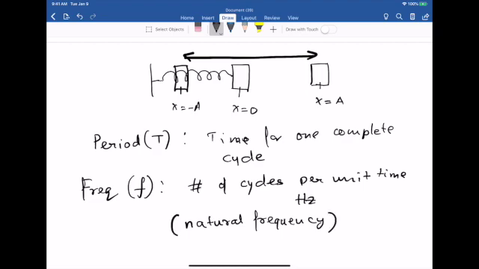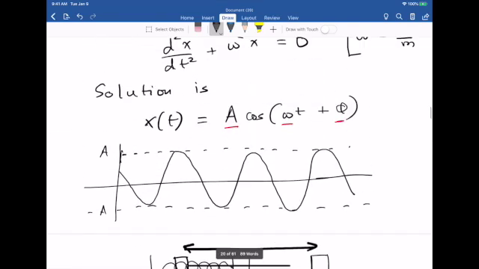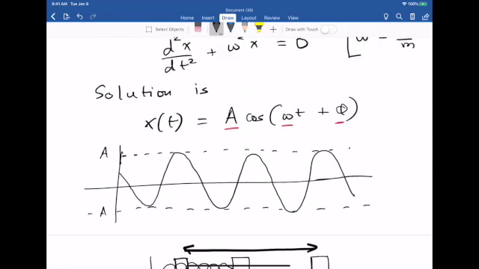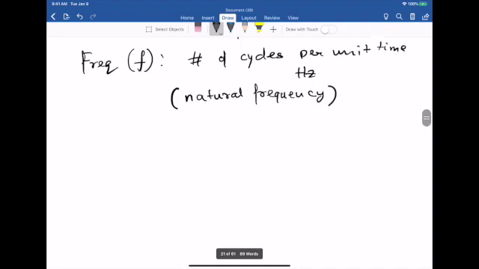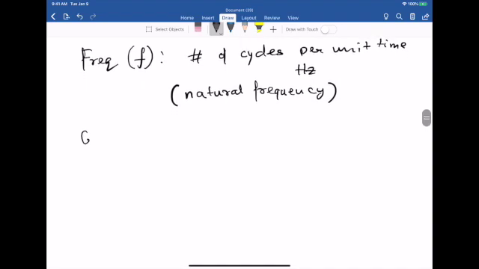All right. Now, in our equation over here, we had this quantity omega. Omega is called the angular frequency of oscillation. So what is this angular frequency? I think it's most convenient to think of it as a quantity related to the frequency of oscillation.